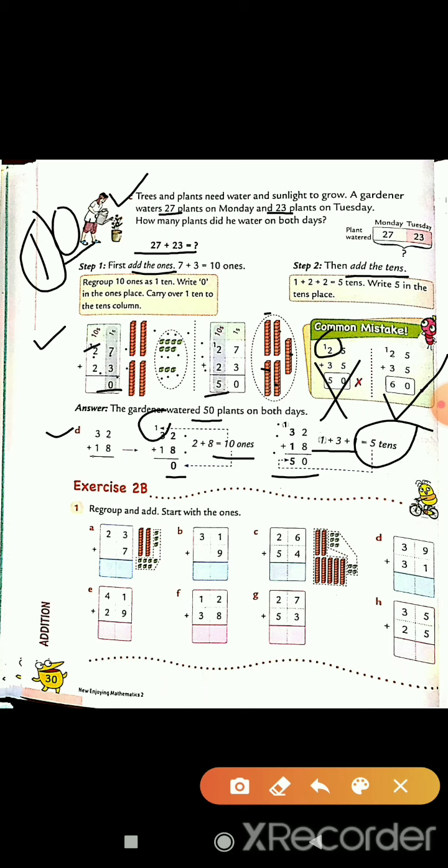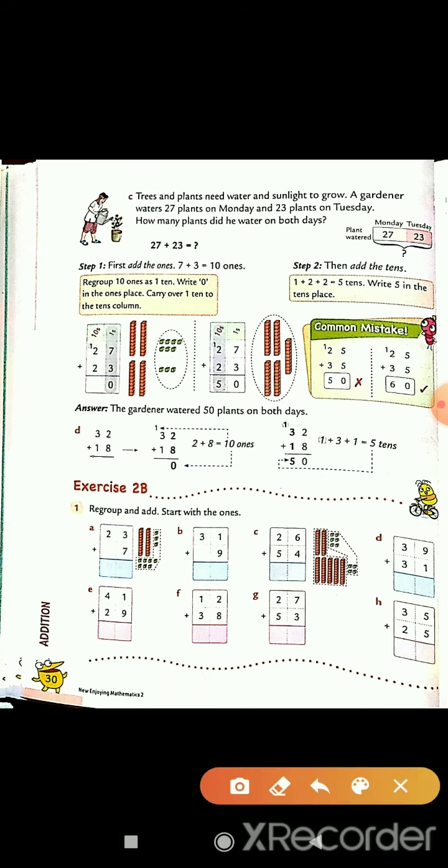Got it students? So now let us start with exercise 2B. Question number 1, regroup and add. Start with the ones. A, 23 plus 7. So at the ones place, 3 and 7 are there.